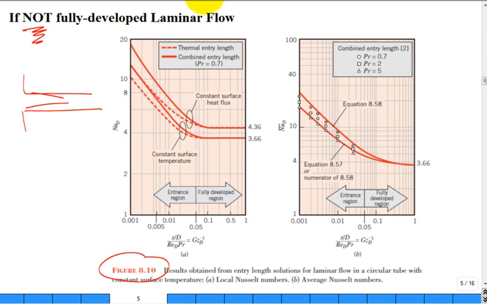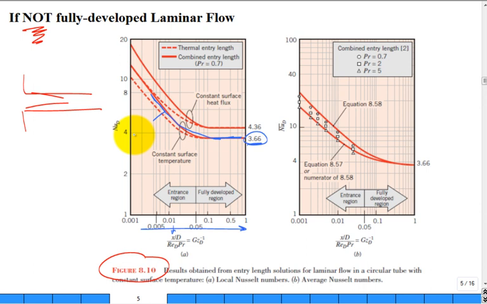But the bottom line is if you have a typical very long tube, then it mellows out to the 3.66. If it's short, if x is small, short compared to the entrance region, then you're not going to get a lower local Nusselt number. You're going to get a higher local Nusselt number. The h is higher in the entrance region.